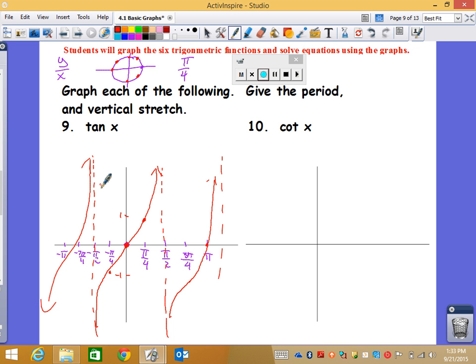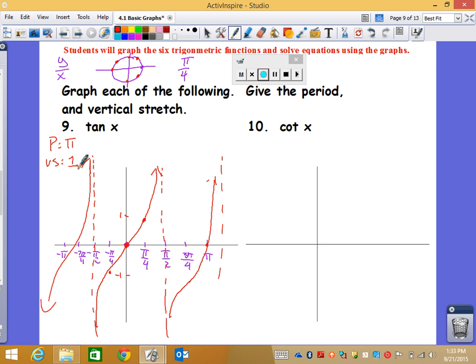Well, what's the period here? We said the period is pi. And the vertical stretch just means how big is it being stretched by. And we see the vertical stretch here is standard, just 1 again. So vertical stretch is just 1. And we'll talk about that later tomorrow in the next lecture.